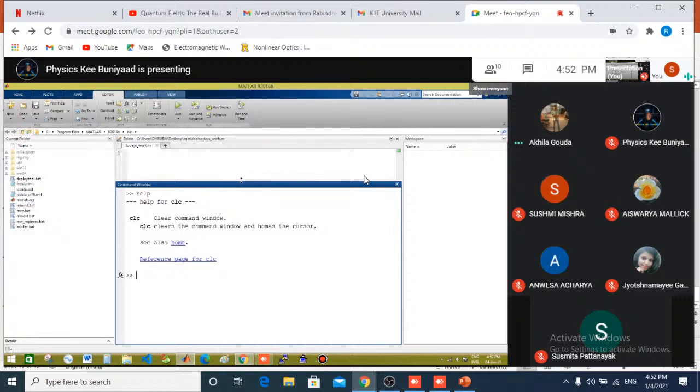It shows you the value of pi. Then i and j, you can see the values that we showed are available here. So pi, i, j, then ABS. ABS of -5 is 5. ABS of +5 is 5. That also you can show.